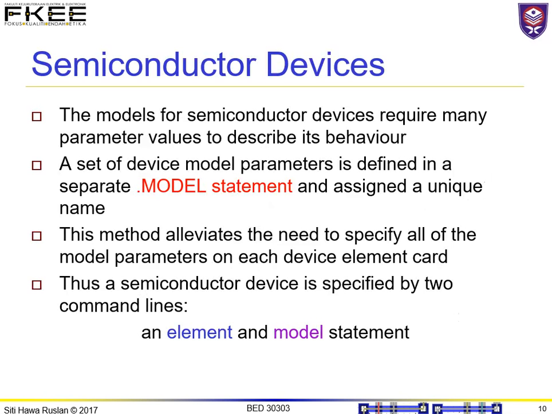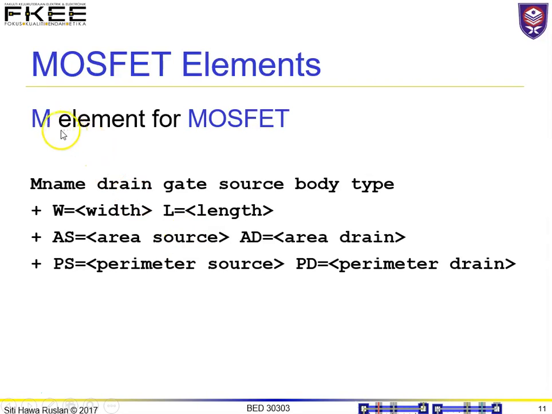So for each of the semiconductor devices, we have a model statement, .model right here. We have elements, which are our devices, and to represent each element we need a model statement. For example, this is for the MOSFET.